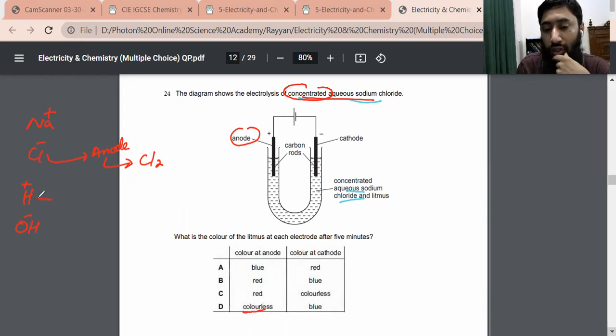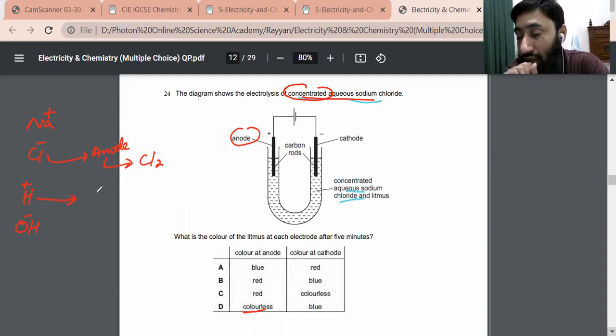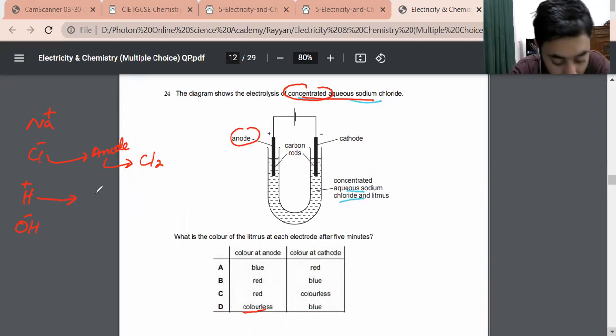And hydrogen ions reach the cathode, and when hydrogen ions reach the cathode, they will be converted into hydrogen gas.